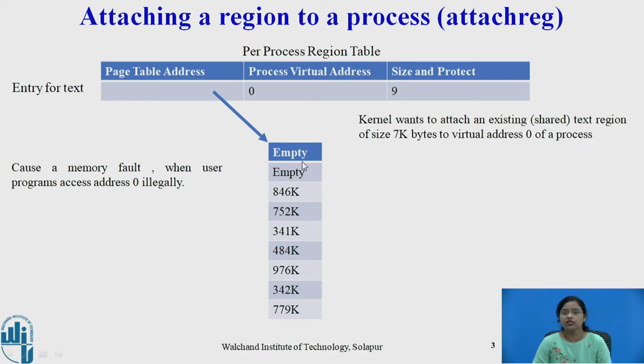Here it wishes to attach it at virtual address 0, but this causes a memory fault when the user process accesses address 0 illegally. It starts at virtual address 0 and virtual address 0 does not have anything. So, if the user program accesses address 0 illegally, it may cause a memory fault.